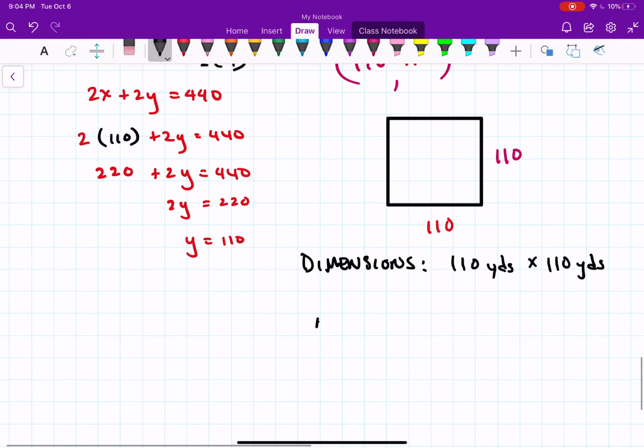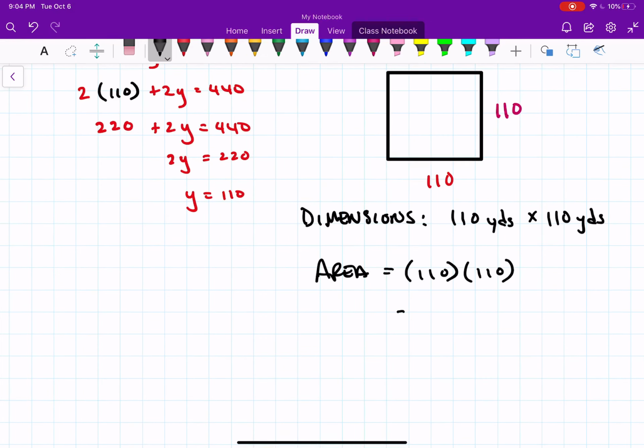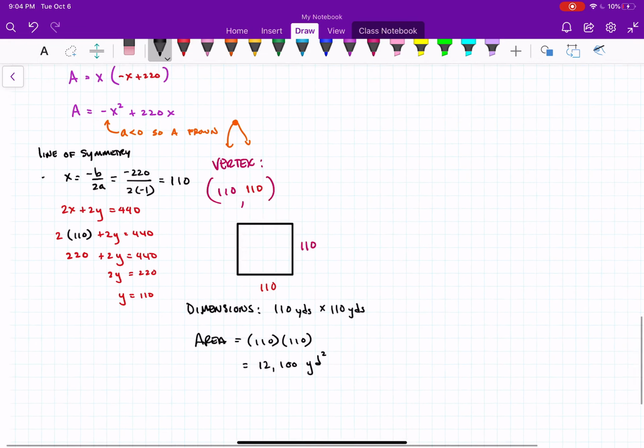And my area is going to equal 110 times 110 because it's base times height, or x times y in this case. So my area is going to be 12,100 square yards. Okay, so there you go.